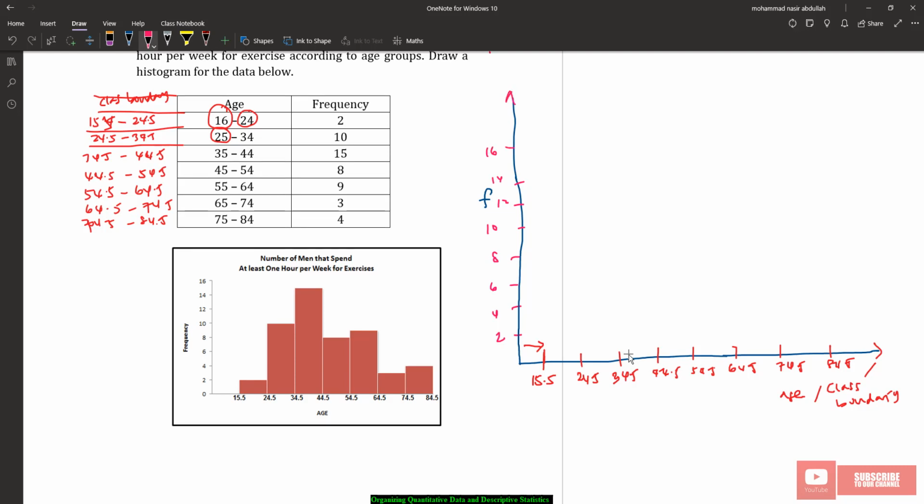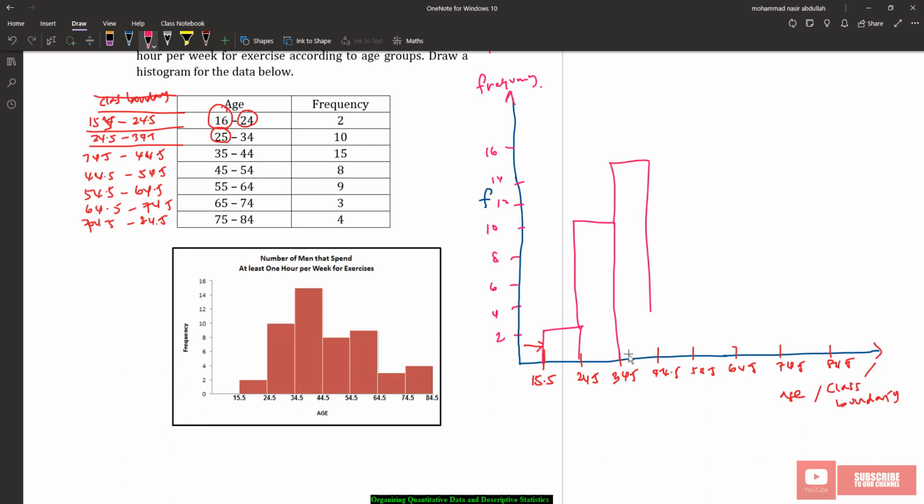So this is the frequency, right? So the first bar is 2. So you draw 2, right? For a histogram, there is no space between the first bar and the second bar. There is no space, meaning they are combined. So the second bar is 10. So you highlight 10. It must be close together, right? And then 15, in the middle here, right?